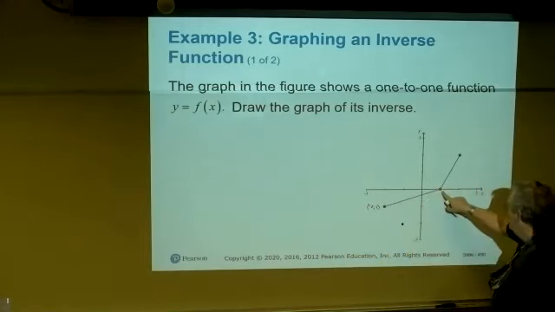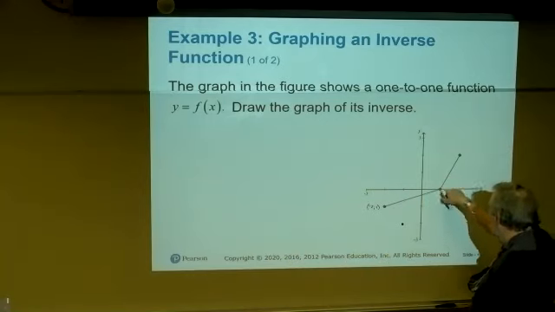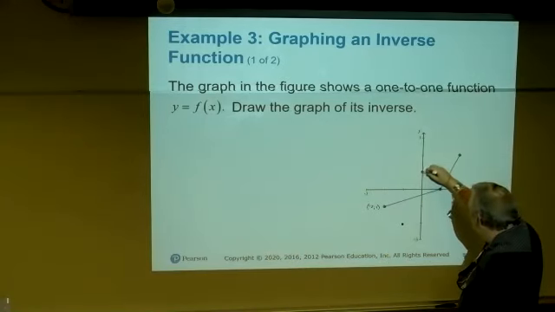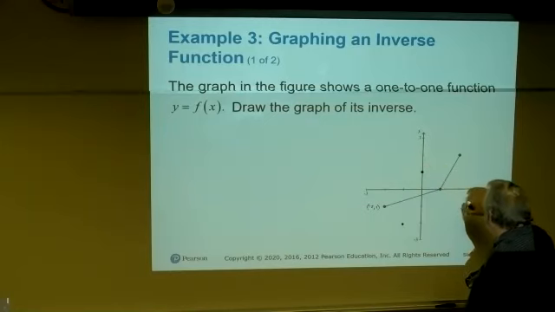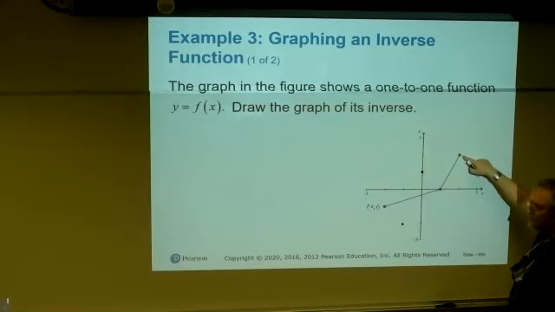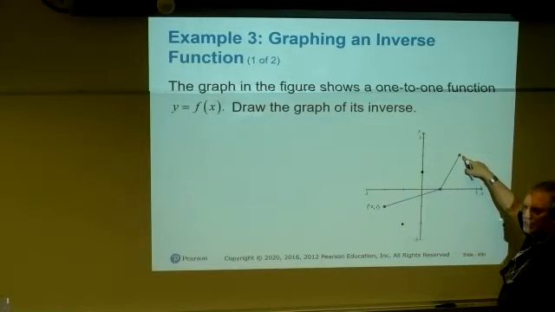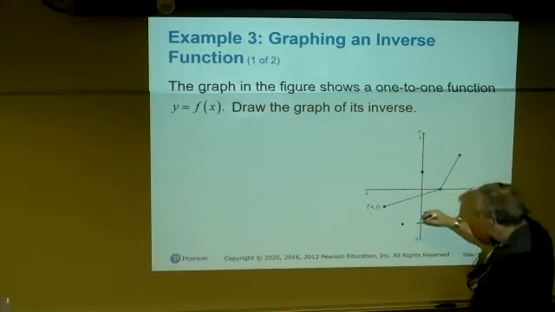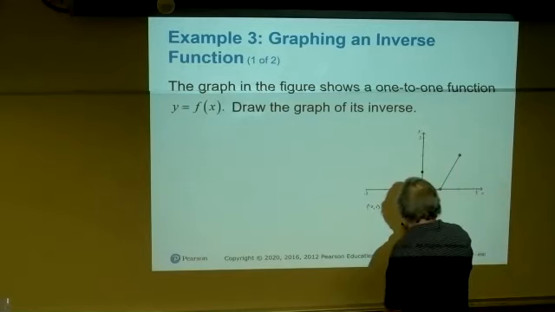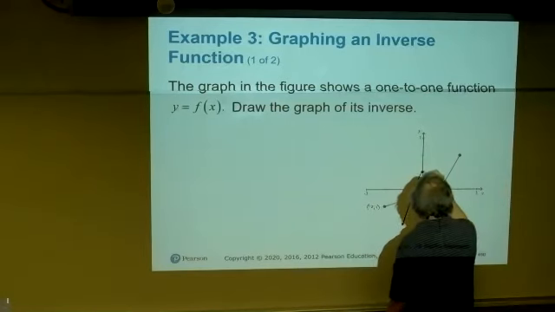And this point, which is 1, 0, now becomes 0, 1, which is this point here. And this point is 2, 2, and switching the 2's gives you 2, 2. So my graph here looks like this.